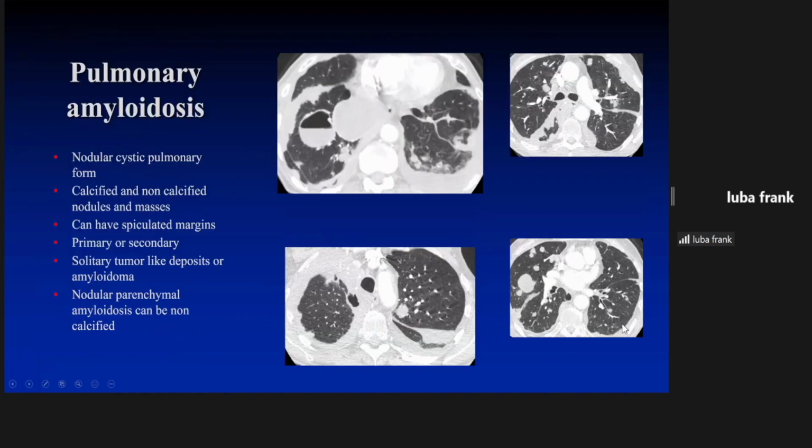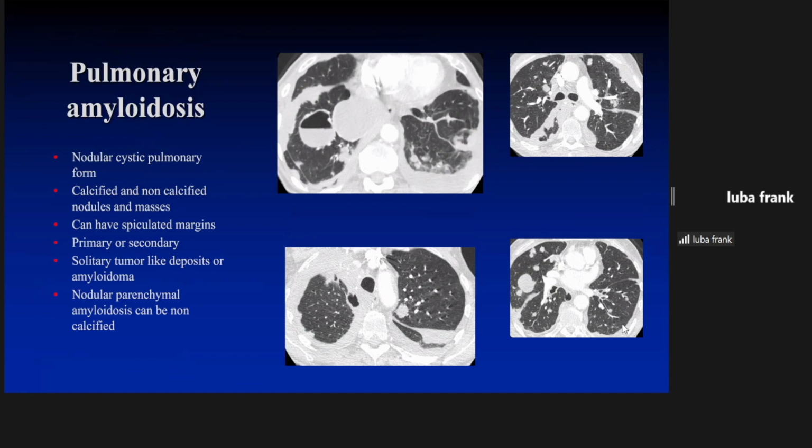So the next entity that I wanted to talk about is pulmonary amyloidosis, and this entity is really rare, but we do come across it, and it almost always presents a challenge. The challenge is because there are different types of pulmonary amyloidosis. It could be primary pulmonary amyloidosis or secondary amyloidosis.